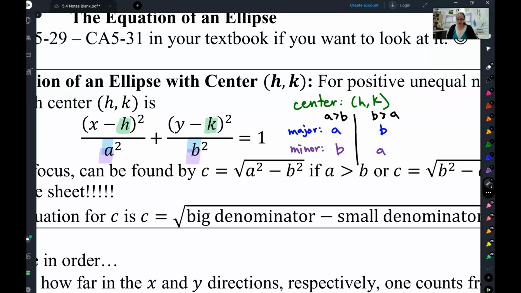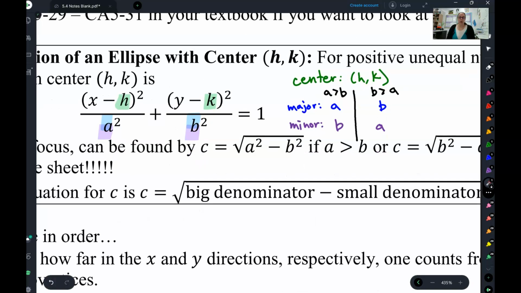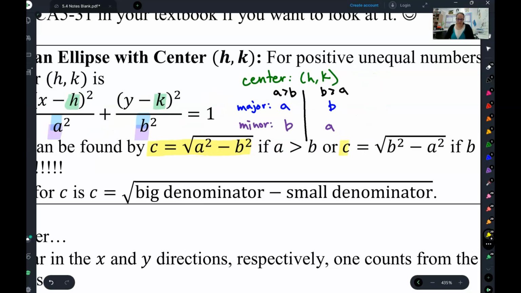Okay, so those are the only things that your equation gives you, but you will also have this equation right here given to you in your notes, this C equation. And that C equation is the equation for the foci. This is how you calculate how far away the foci are from the center.